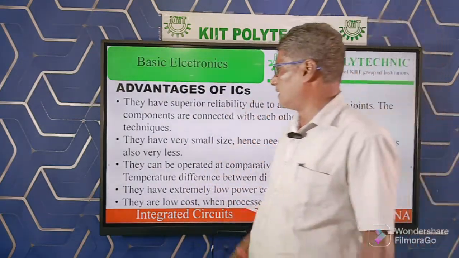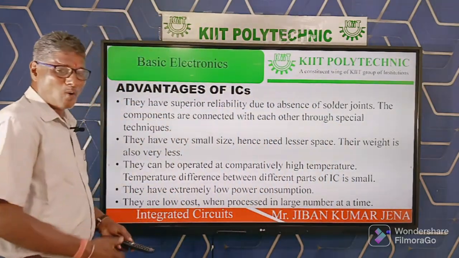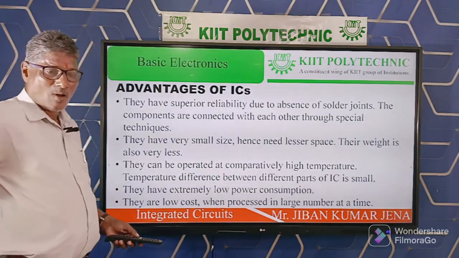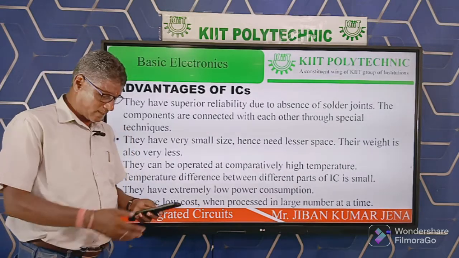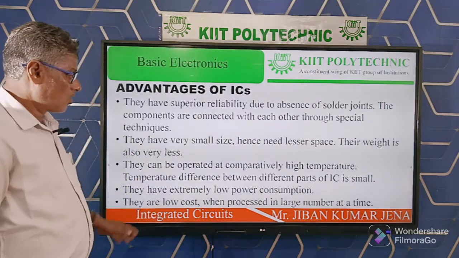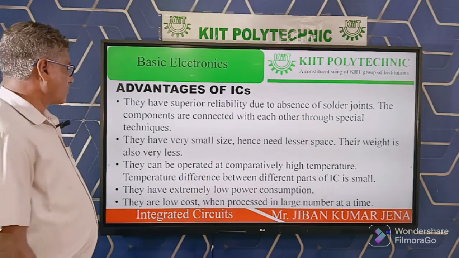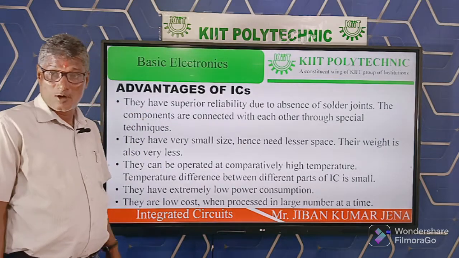So these are some of the advantages or merit points of IC. Why you are using the IC mainly in the field of electronics in comparison to the discrete circuit. So my student, understood? Okay. So next I will go to IC disadvantages or demerits.